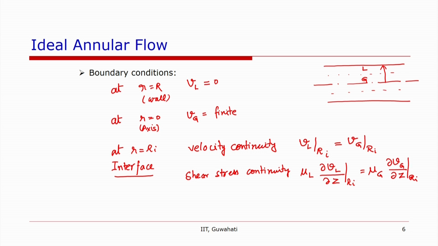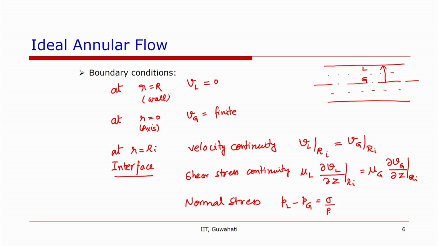We will also have a boundary condition for normal stress, and that will be a jump in pressure. So we will have PL minus PG is equal to sigma kappa, and kappa is 1 over Ri in this case.